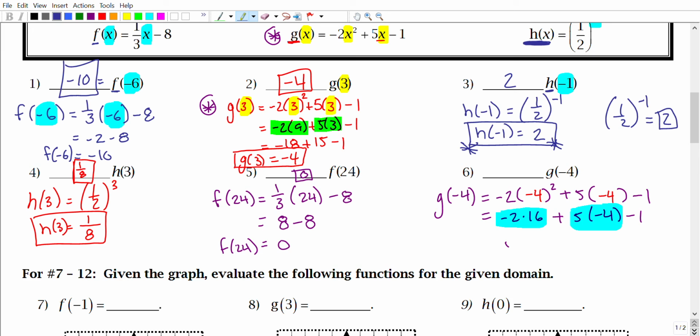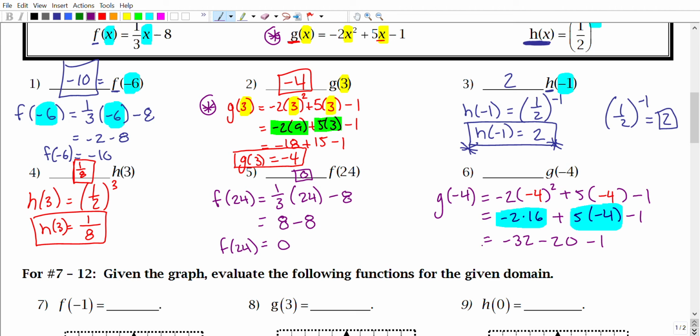Okay, so I'm going to actually do both of them at the same time. I get -2 times 16, that's -32. 5 times -4 is a -20. And finally, I have a -1.